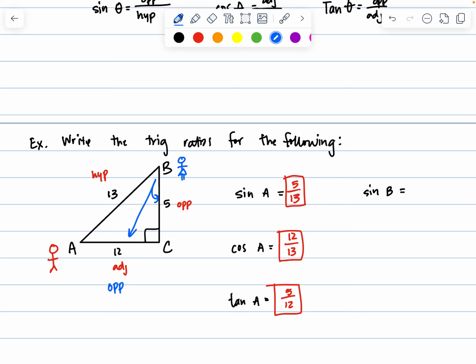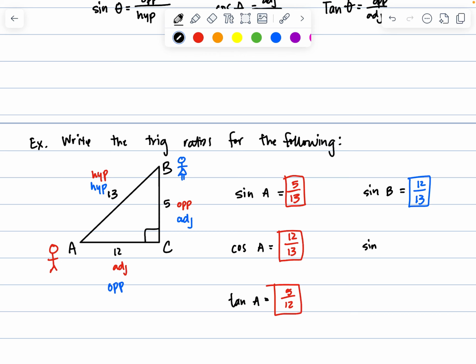And then adjacent means next to. So, oops, let's get rid of that. Now 5 is the adjacent side. And 13 is still the hypotenuse. So from that perspective, the sine is actually a different ratio. It is now 12 over 13.